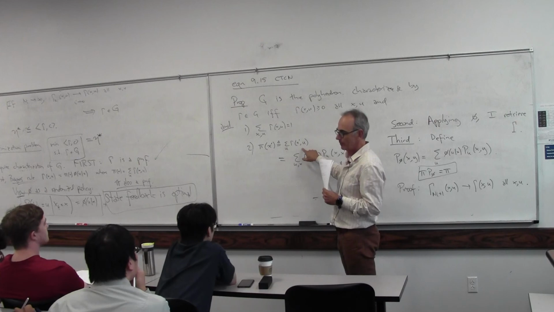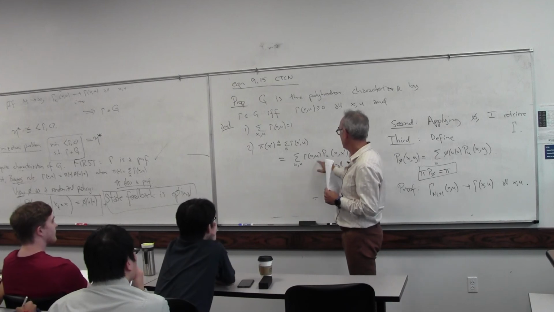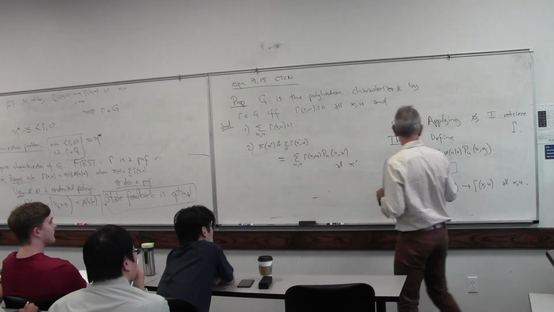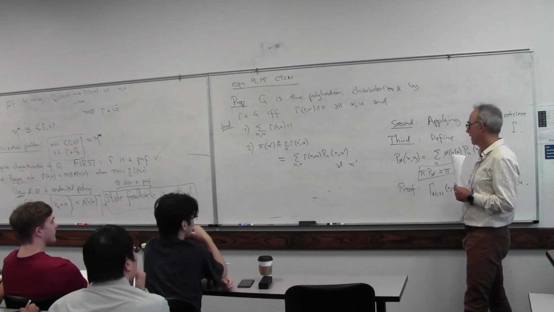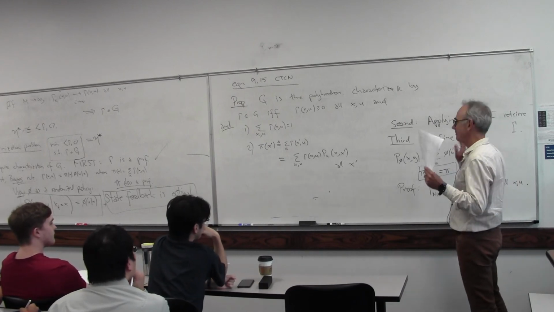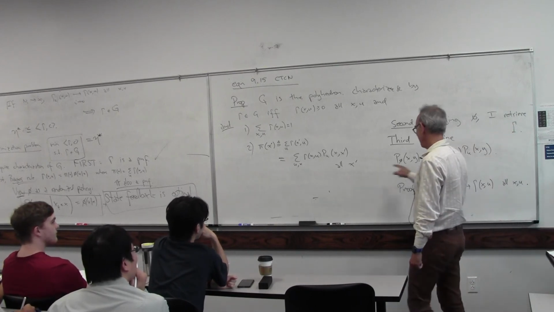I call it pi, right? So the summation over u of gamma is this sum over here, because that is precisely this. Like I said, I'm not going to prove everything, but this and this are identical things.